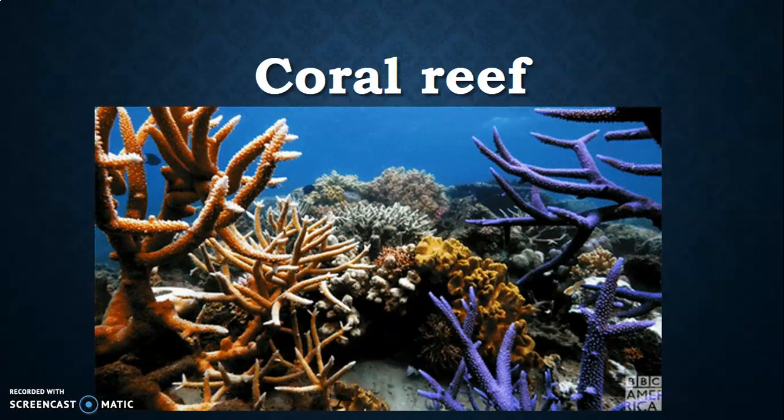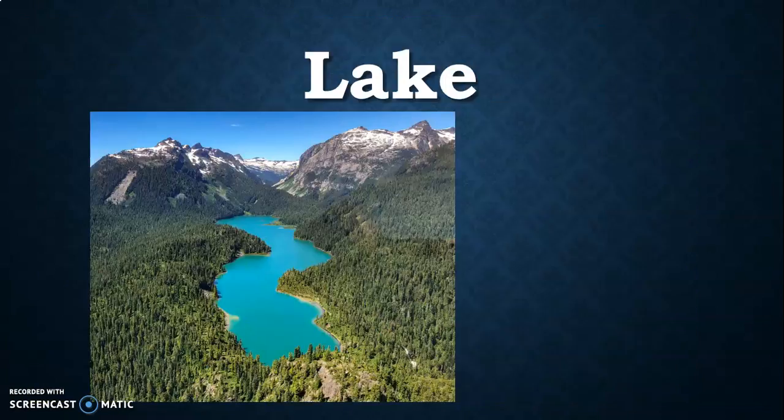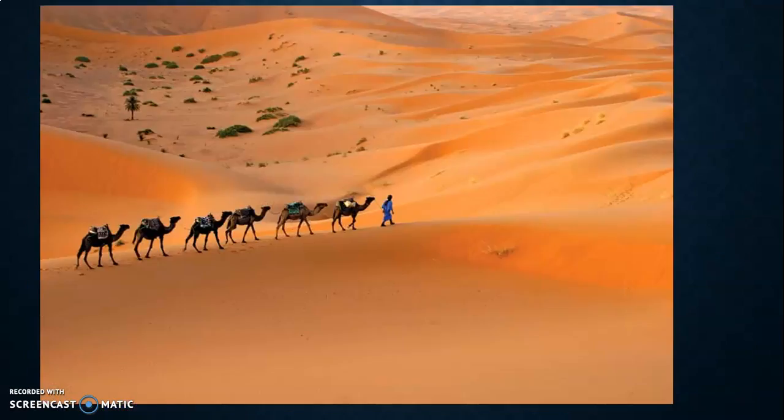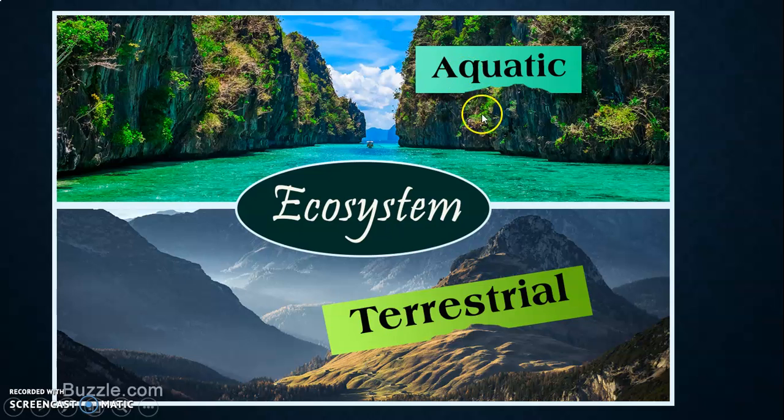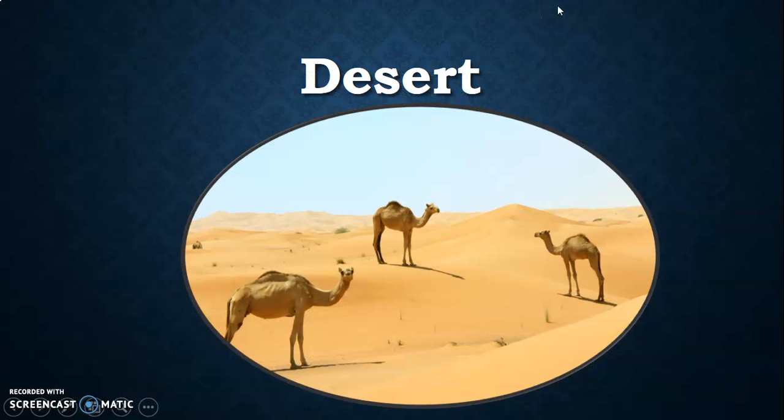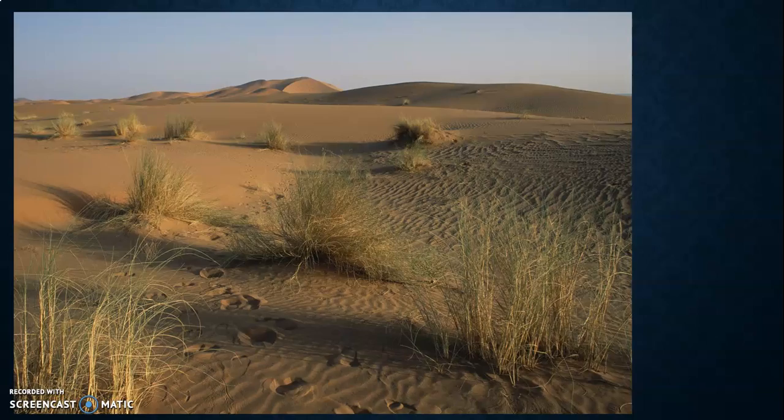We are going to review again the different ecosystems. We are going to start with the desert. Remember, aquatic, terrestrial. Aquatic, repeat, aquatic, terrestrial. Two kinds of ecosystems. The desert is terrestrial. Look at the picture.